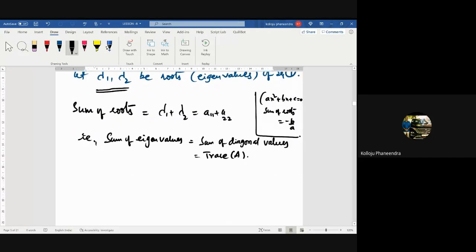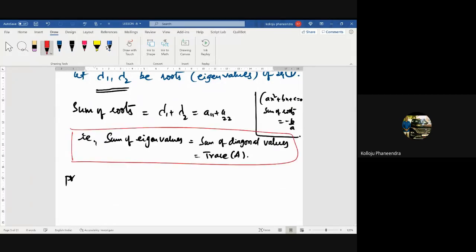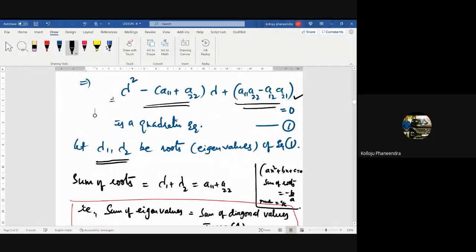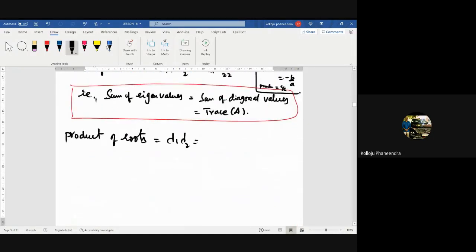Coming to the next one, the product of roots. Lambda 1 into lambda 2 equals c by a. Here, c by a is A11 A22 minus A21 A12, which I can write as the determinant of the matrix with rows A11 A12 and A21 A22.